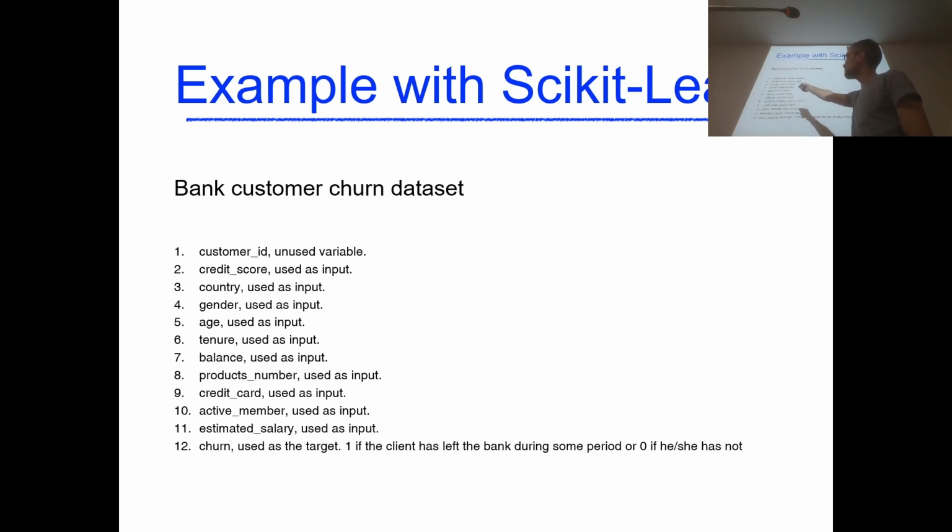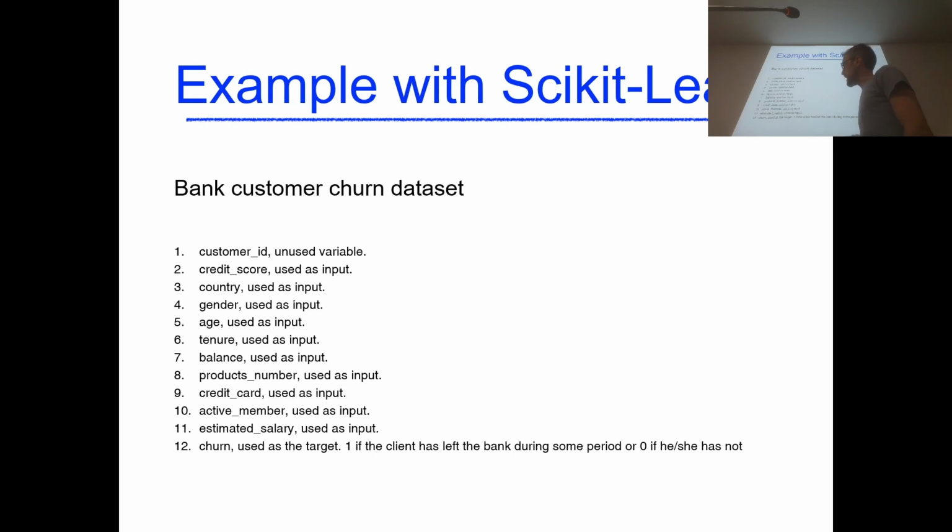The customer ID, for instance, is unused. Who cares about the ID of a customer? I mean, what can I expect to learn from the ID of a customer? Nothing. The credit score instead, I think this measures how good of a creditor or debtor the client is from a financial standpoint. The country, the gender, the age, that one could argue should maybe be removed to not have a bias.